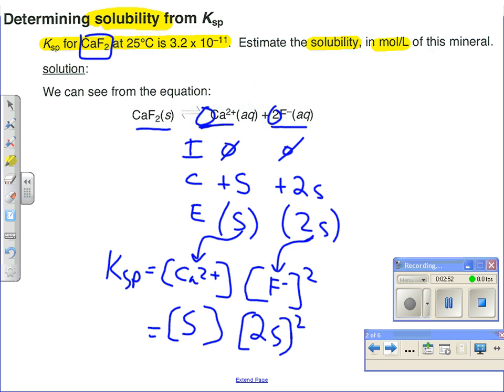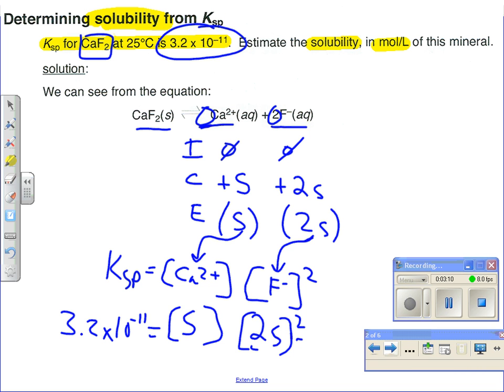Then I take the KSP value that they gave me and plug it in there: 3.2 times 10 to the negative 11th. At that point, all I have to do is algebraically solve for S. If I take 2 and square it, I get 4.